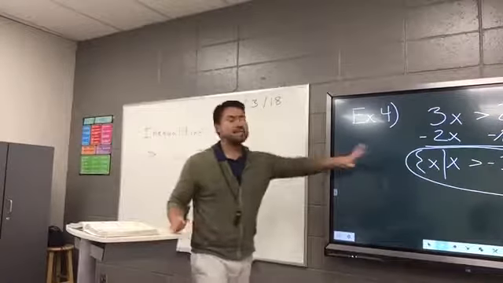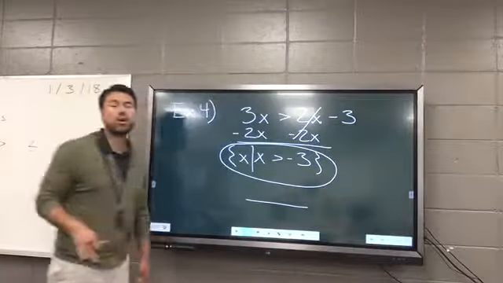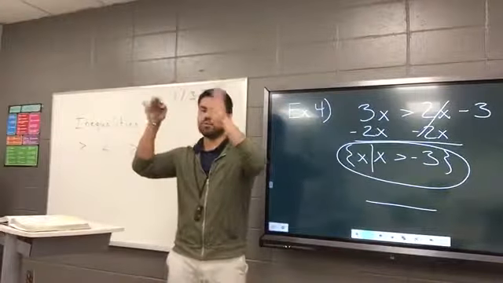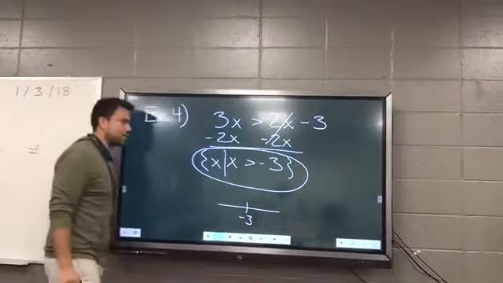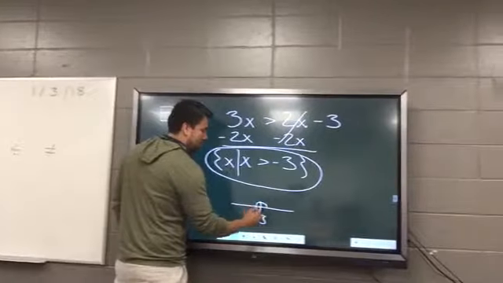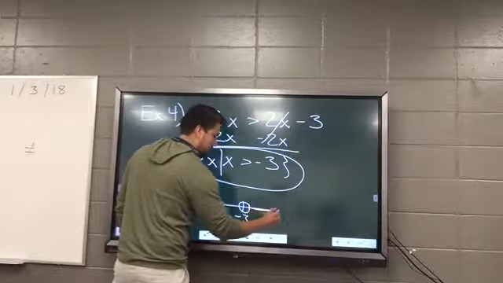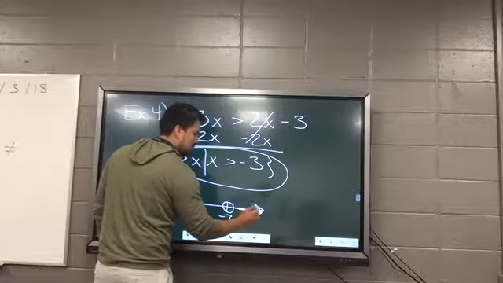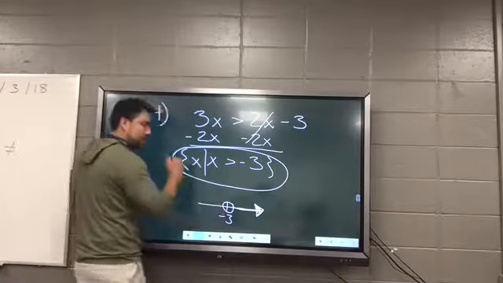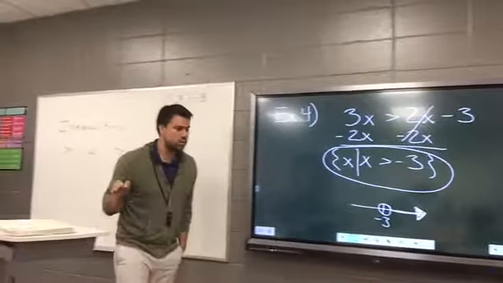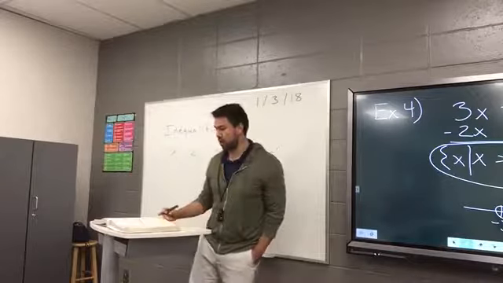Then you have to graph it. On your homework, some of your problems you graph, some of them you don't. So you start with -3. What kind of circle goes on -3? Open. How do you know if it's open or not? If it has an equal to, then it's closed. If it just has the inequality with no equal to, open. And that would be your answer to example 4.